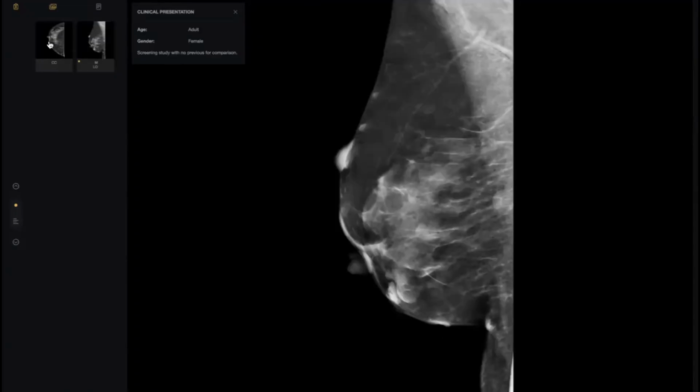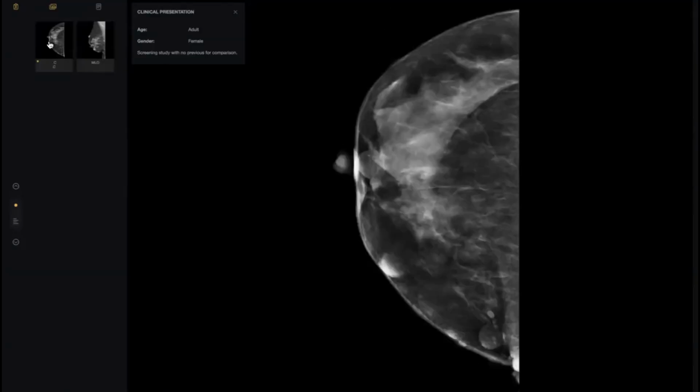Okay, this is, I think, a screening study, no previous for comparison. This is mammography, craniocaudal projection of the right breast, in an adult patient who came for screening.